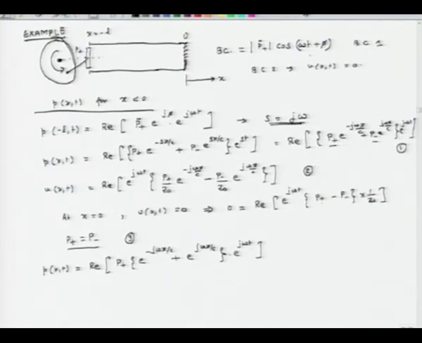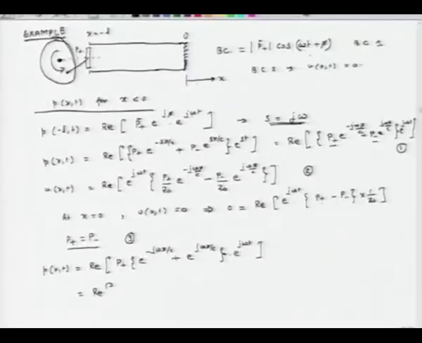Now, I know from my understanding of complex variables that the term within the curly brackets, which is e^(minus j omega x over c) and e^(plus j omega x over c), when I add these two terms up, I essentially get a situation where sine terms get cancelled out and the cosine term itself remains. So, what I get is real of P plus times 2 cosine(omega x over c) times e^(j omega t).